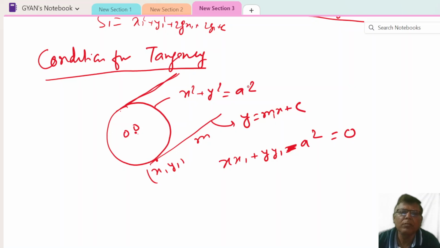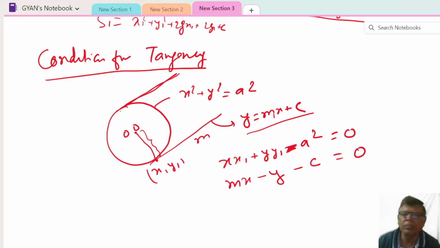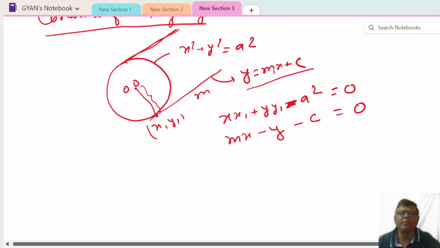What will be this? This will be the same as this one. So we can write mx minus y plus c is equal to 0. Since both lines are the same, the ratio of all the coefficients will be the same.